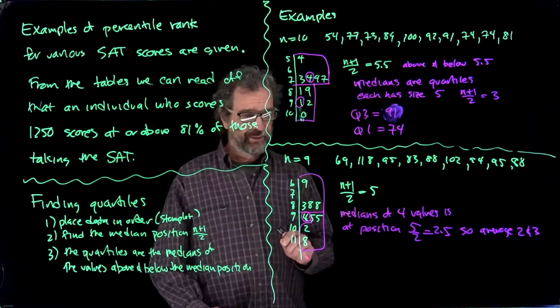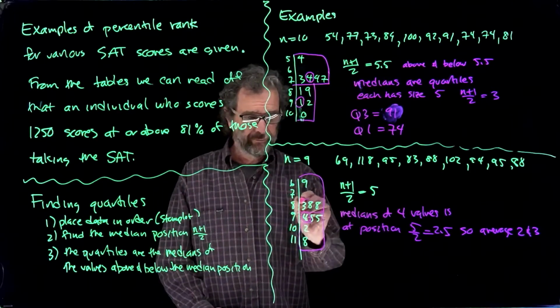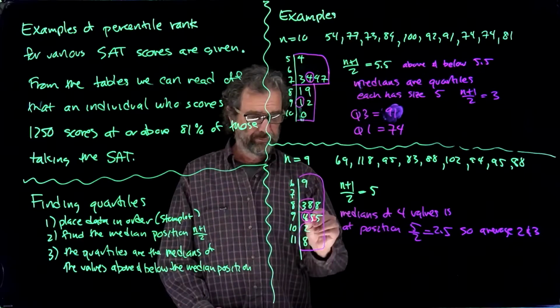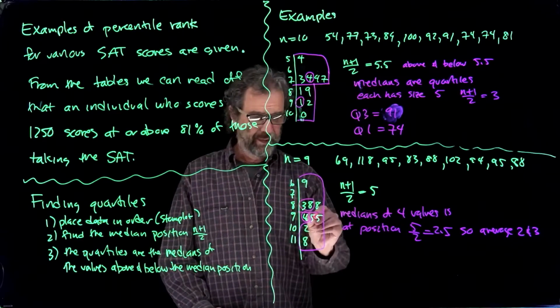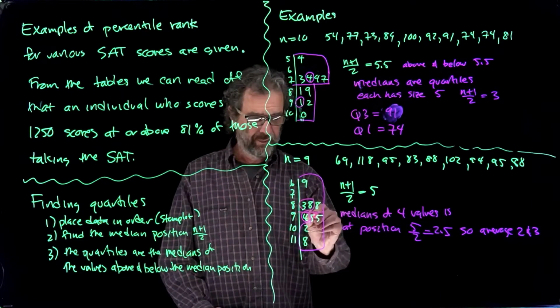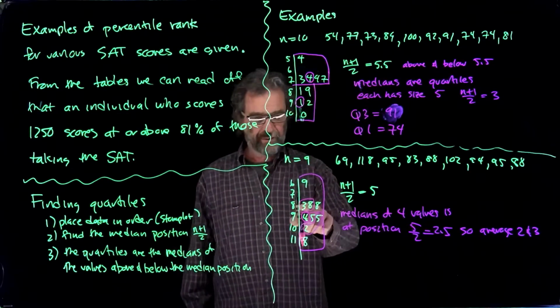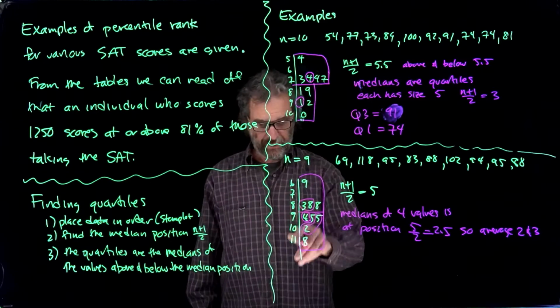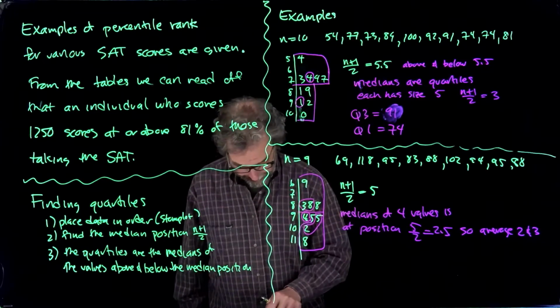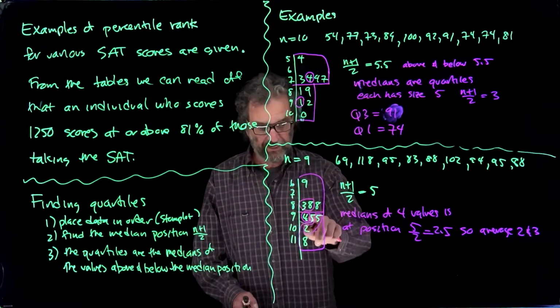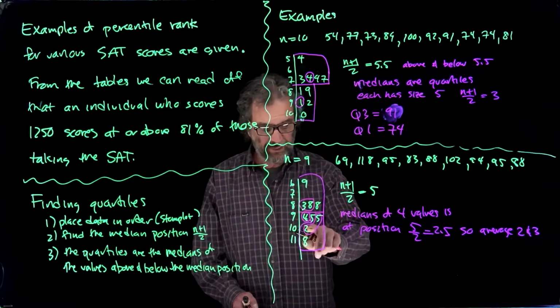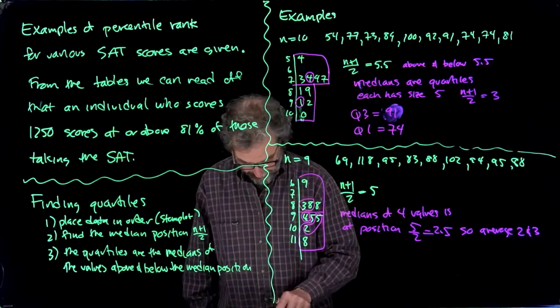So the second and third. Second and third here. So upstairs, 83 plus 88 over 2. Sorry, that's the small number. Upstairs, 102 plus 95 over 2.